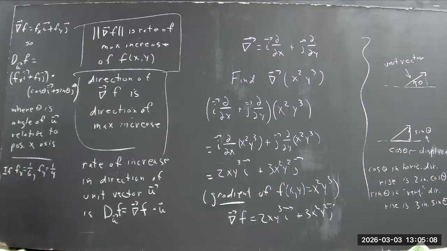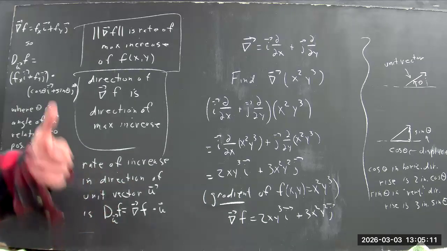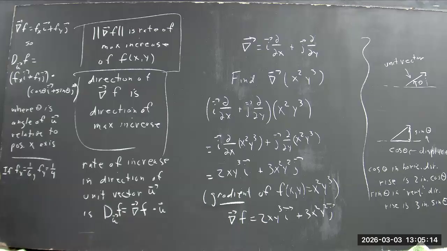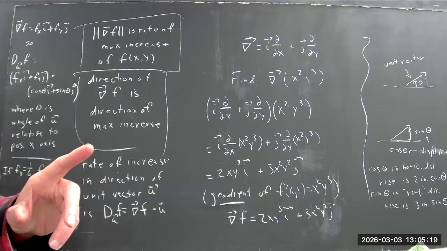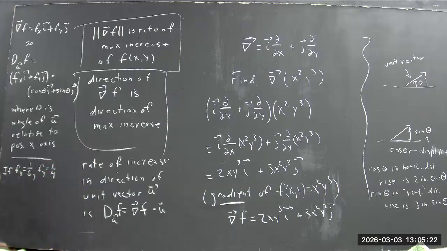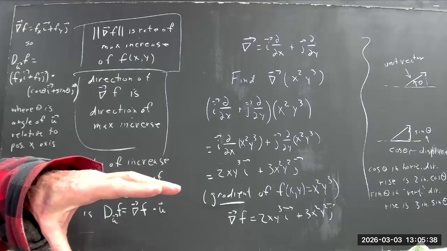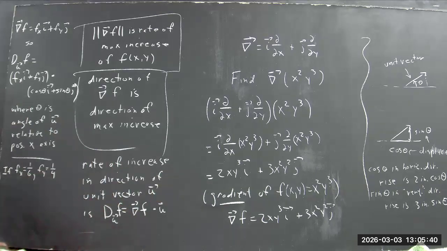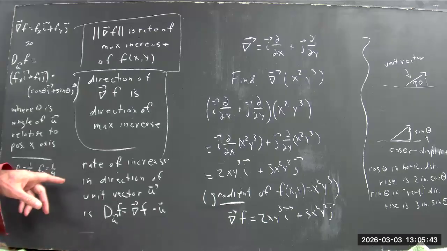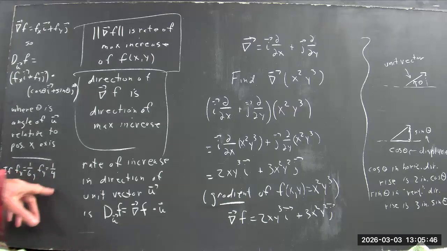If in the x direction you go up 2 inches for every foot, that means your x derivative is 2/12, right? The rate at which you're going up with respect to distance is 2 out of 12, 1 out of 6, okay? Or 3 out of 12, 1 out of 4 for the y direction.